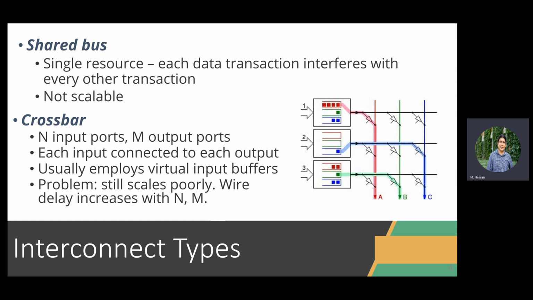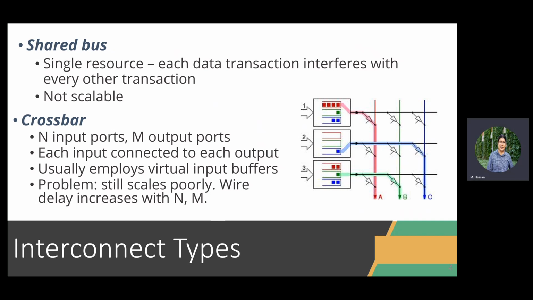But as you can see, the cost is that you add more hardware resources. It requires more implementation. Each input is connected to each output, and it usually employs virtual input buffers, because you have buffers here that you need to see how much data is to be transferred. For example, I have a red buffer that goes to a red data, then a blue one and a green one.